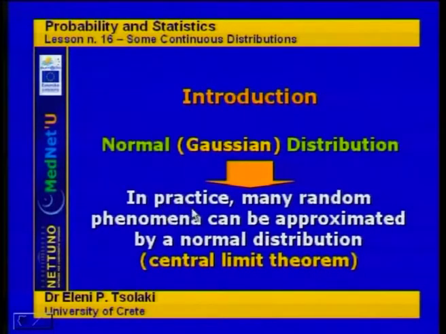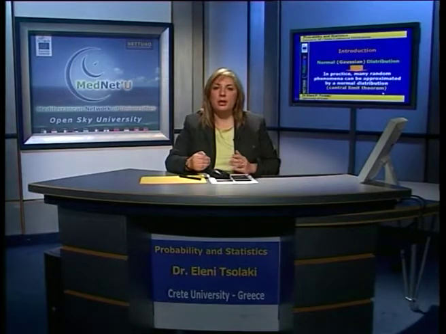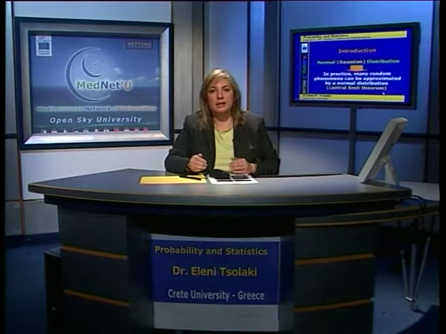Now, in practice, the importance of the normal distribution is that many random phenomena can be approximated by it. We have the central limit theorem, and we are going to see that in many cases the normal distribution is used in order to calculate probabilities.